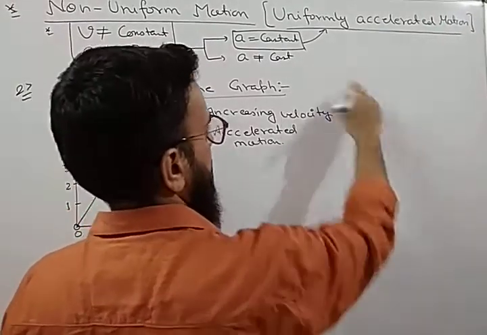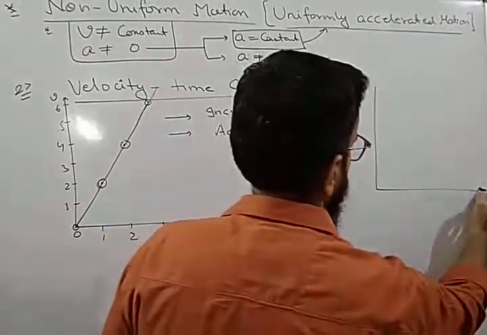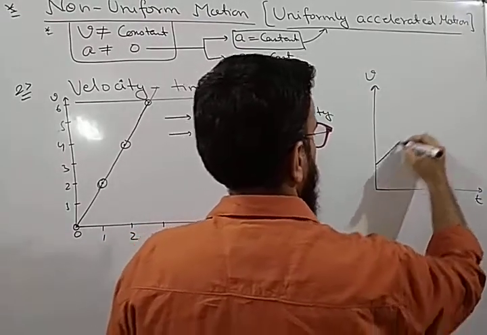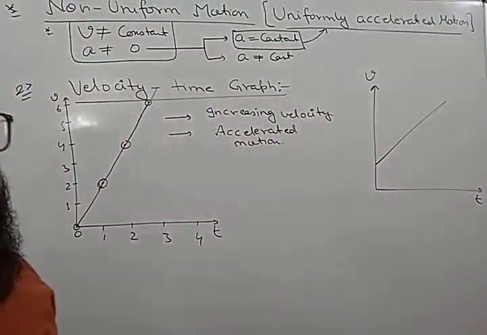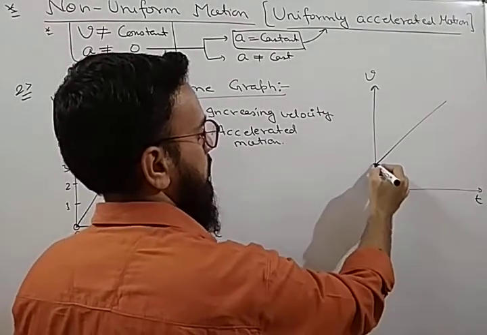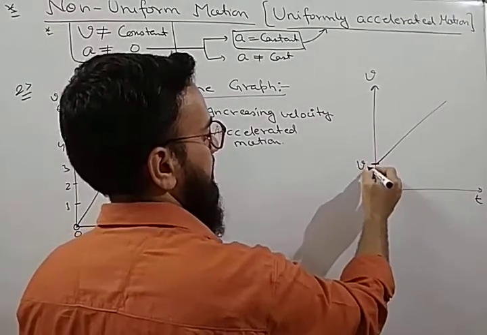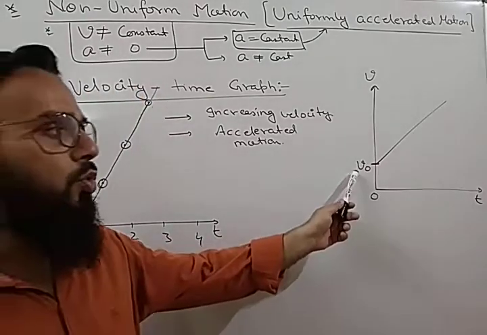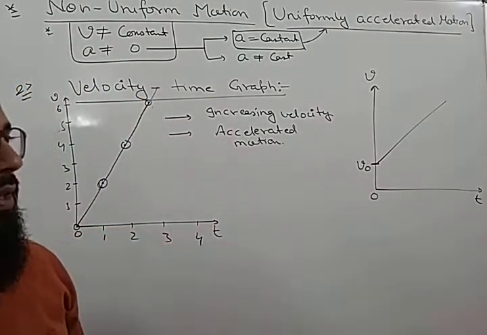I'm drawing that graph also, the second graph. This is velocity and time. The second graph will look like this. It will always be a straight line, but here at t equal to 0, it has some velocity, which can be denoted by v0, or you can take it as u, which is the initial velocity.